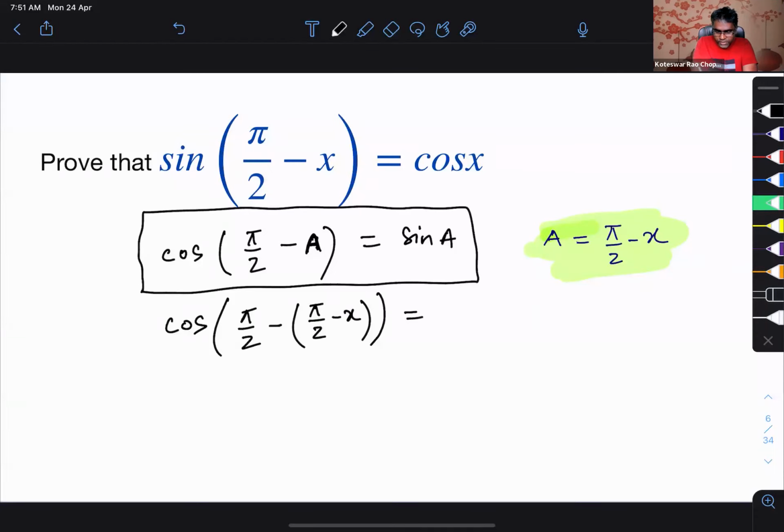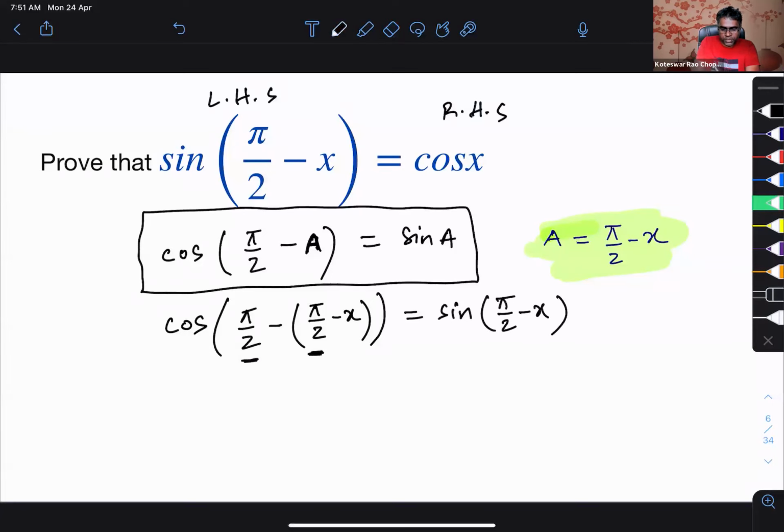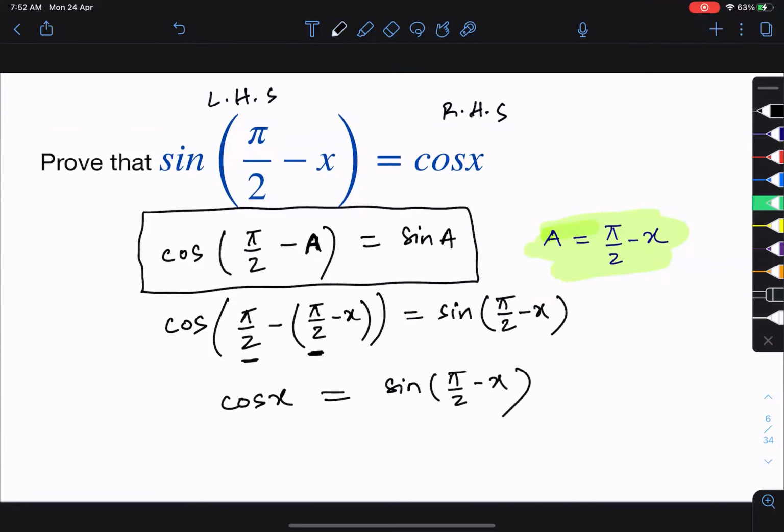And then the right side you have sine of pi by 2 minus x. So what we have on the left hand side went to the right hand side, and what you have on the right hand side came to the left hand side. So pi by 2 minus pi by 2 will disappear. On the left hand side you have cos x, and on the right hand side I have sine of pi by 2 minus x. Okay, do you understand why we did that? Yeah, okay.